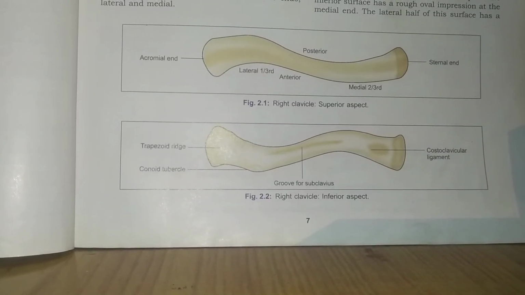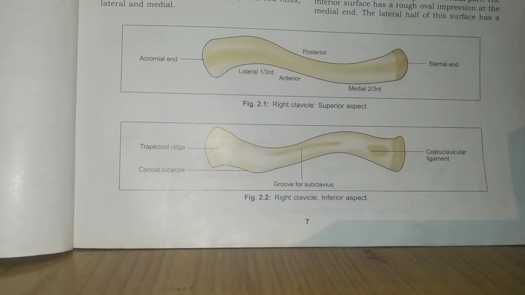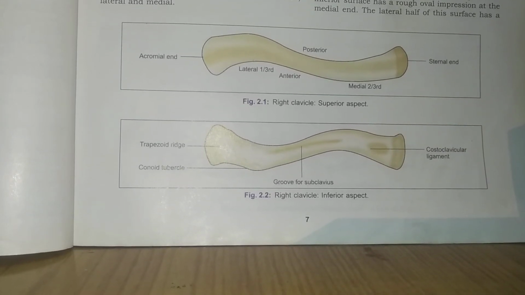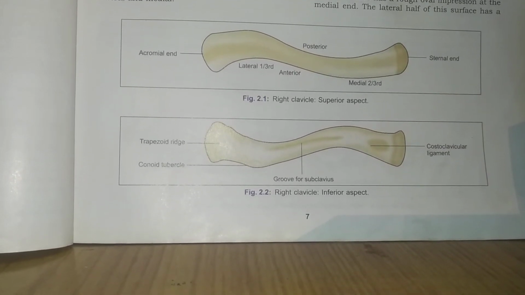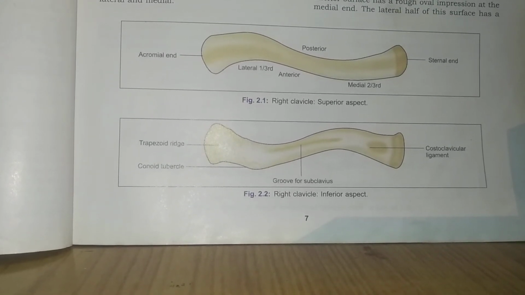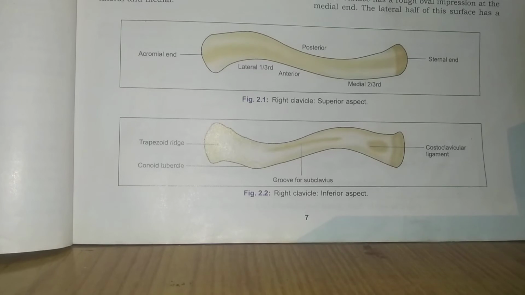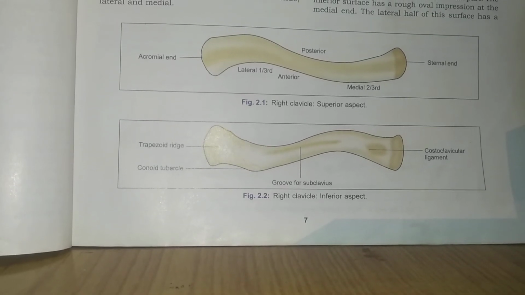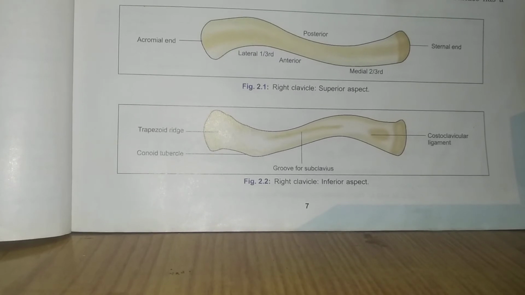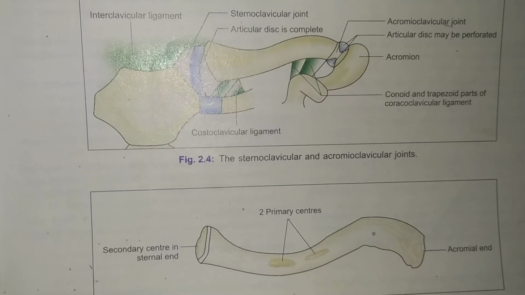Now let's talk about the shaft of that bone. The shaft is divided into two parts: lateral 1/3 and medial 2/3. The medial 2/3 is convex when we see it anteriorly, and the lateral 1/3 is concave when we see it anteriorly. It is just opposite when we see it posteriorly: the medial 2/3 is concave and the lateral 1/3 is convex.